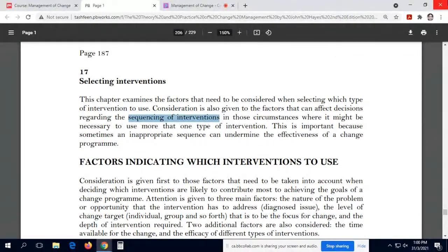So I was saying the sequencing of activities is very important. What should come first, what should come second, what should come third. So for example, maybe you are looking at some model in which they are saying that communication is a very important, essential step. When you are trying to manage change in other people, you want to really take care of how you communicate.